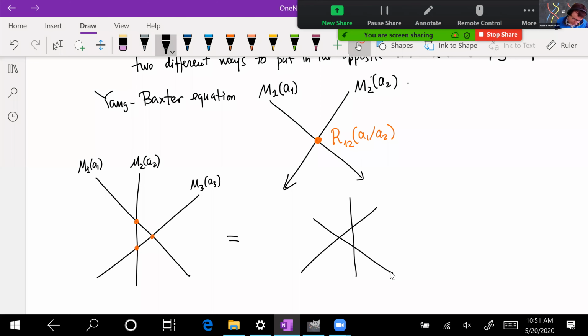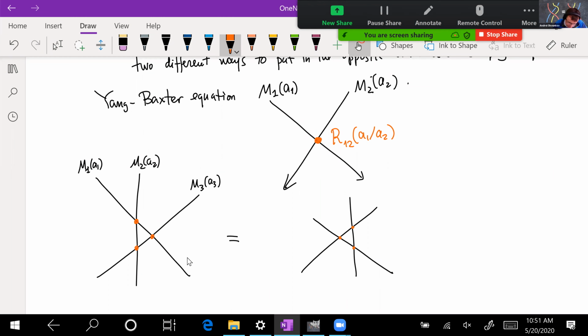These are two operators with six indices, and you interpret them as an operation from one triple tensor product to another triple tensor product, and these two things are really equal.